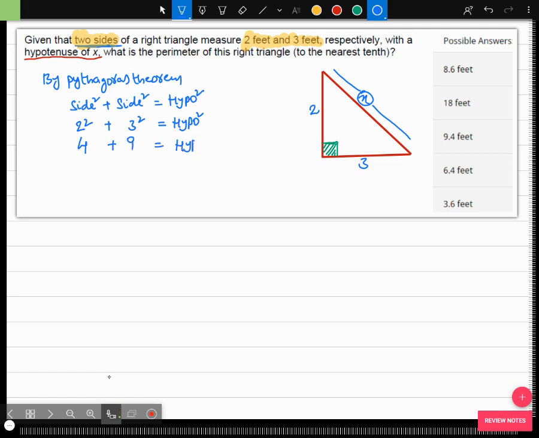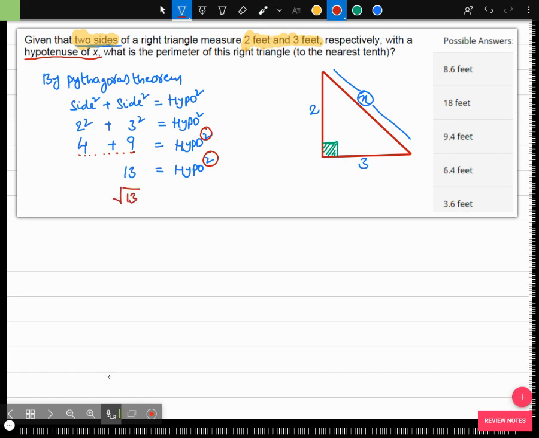In my previous problem also I explained that in order to eliminate the square, on the other side you have to take the square root. First, let me add them. 4 and 9 gives me 13, equals hypotenuse square. Now, let's eliminate the square.